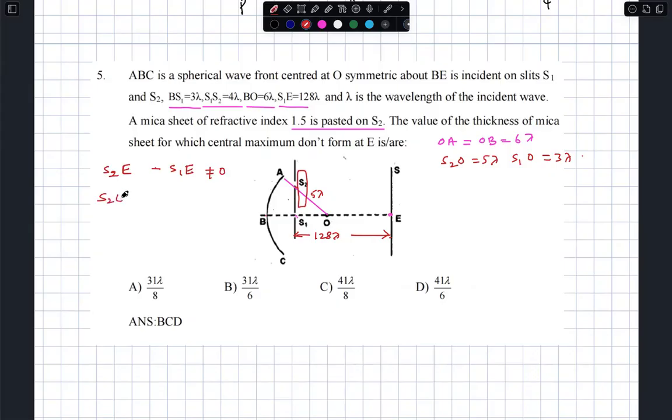S2E in this plus mu minus 1 into T. S2E contains the mu T medium part. Therefore, mu T minus T you need to do is equal to S1E.